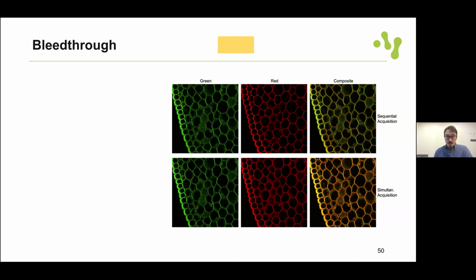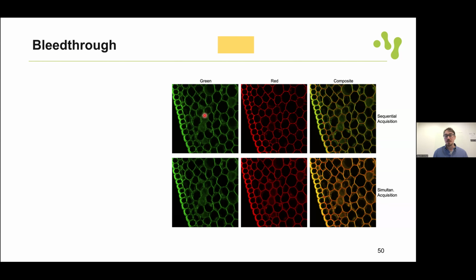Here we have two rows. One has a simultaneous acquisition and the other one has a sequential acquisition. In the bottom case, both fluorophores were excited at the same time, and we can see some of the green structures also appearing in the red channel.